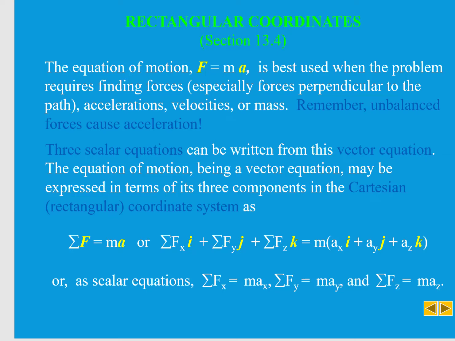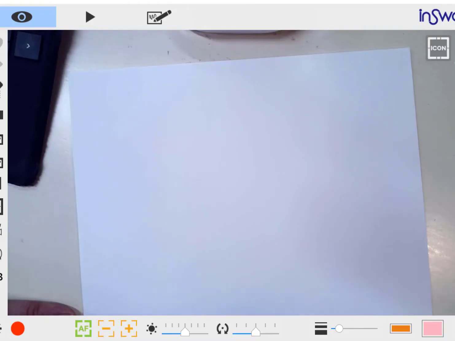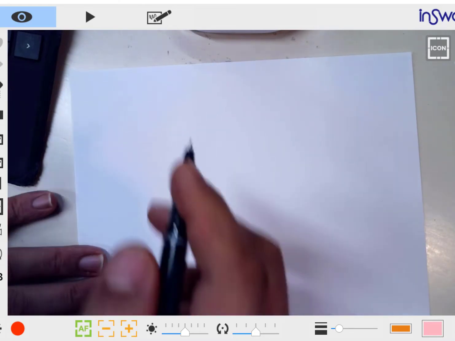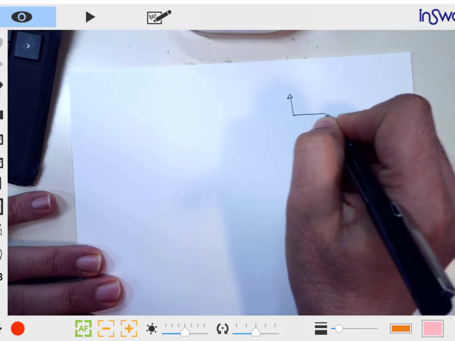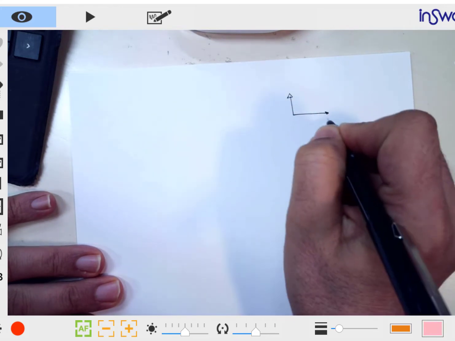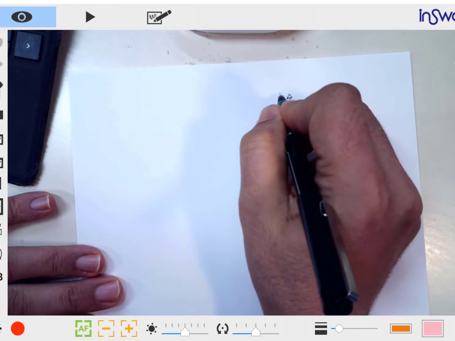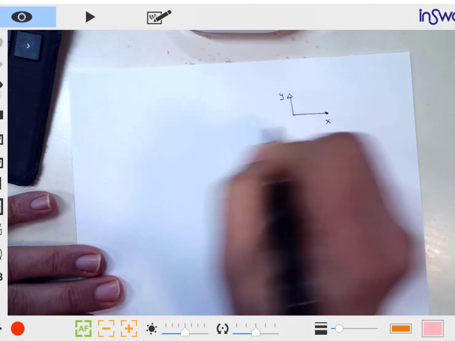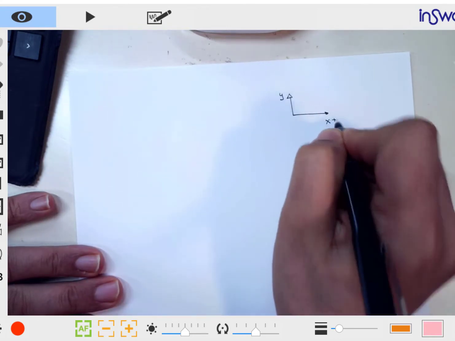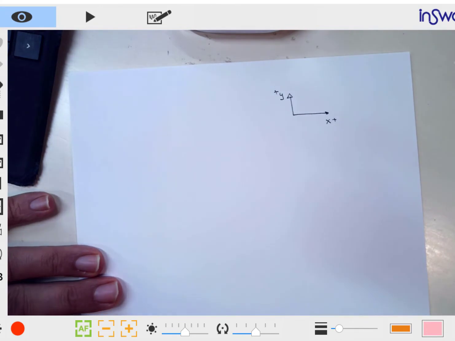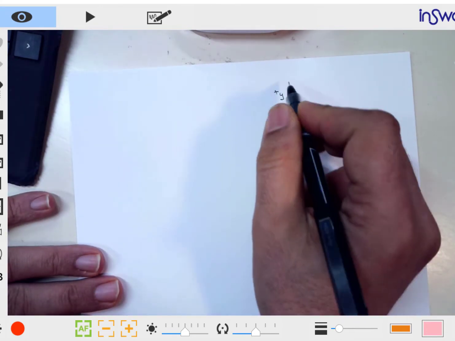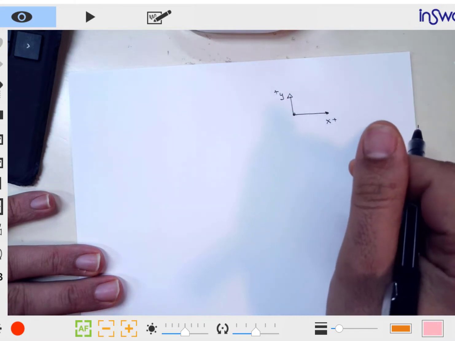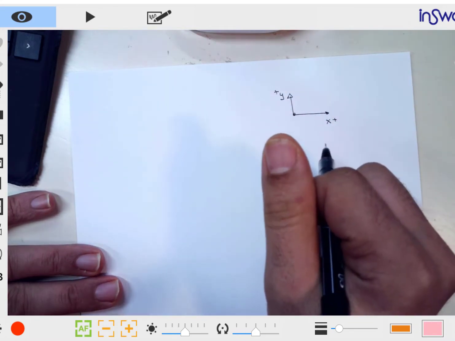Now, following our discussion, we said that a rectangular coordinate system using the Cartesian coordinates, where we have to identify the positive x and y axes, is not always necessarily vertical and horizontal. It could be oriented in different ways.